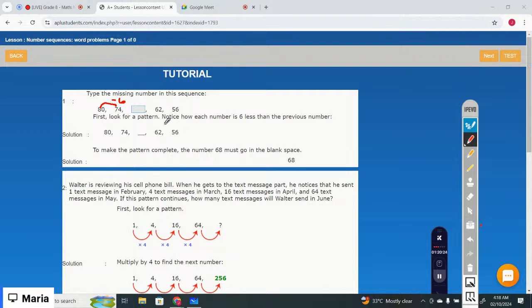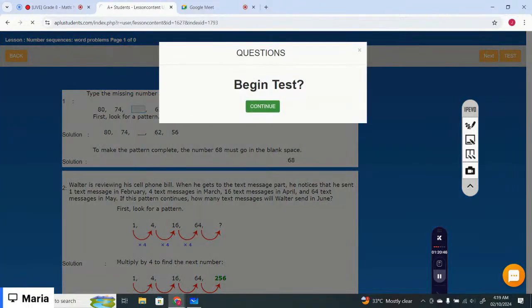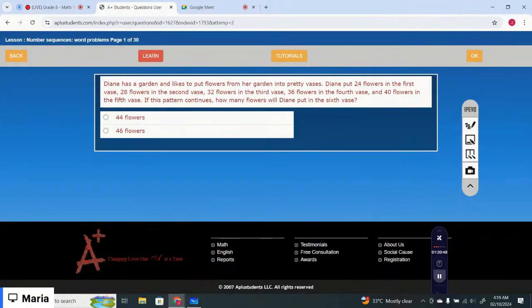How are they decreasing? 80 minus 6 is 74, 62 minus 6 is 56. So for this one again you have to subtract 6, so that is 68. So the correct option is 68. You can do the practice questions on your own. Let's just start with the test questions.